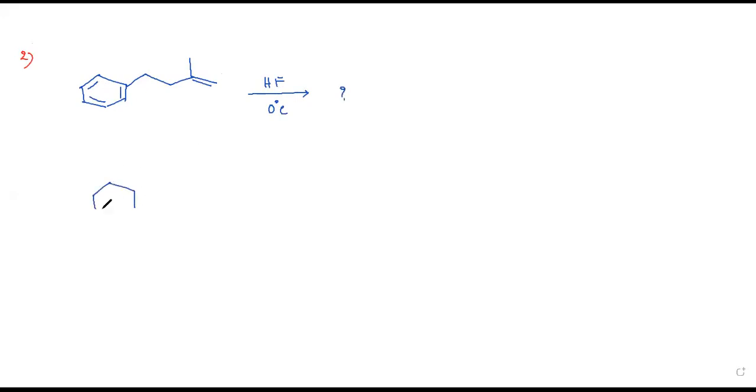Now, okay. See, in the presence of HF, I mean an acid, the bond goes towards this carbon, and in this case also it can be written as H plus and F minus. Of course, the H plus is given.